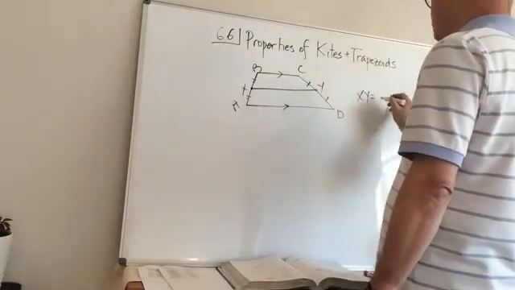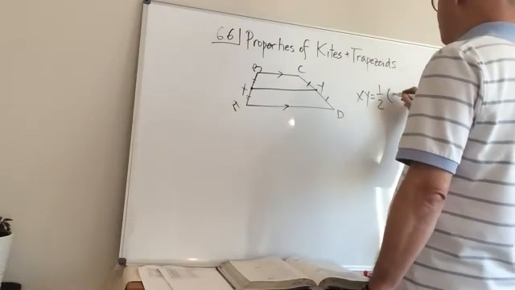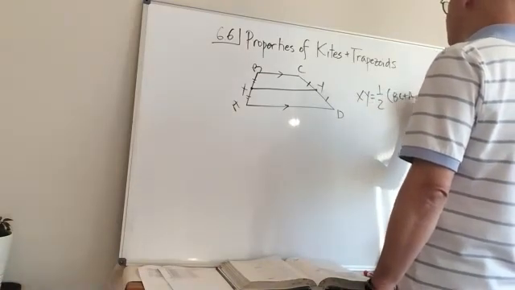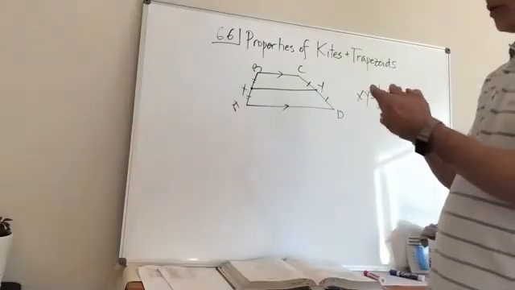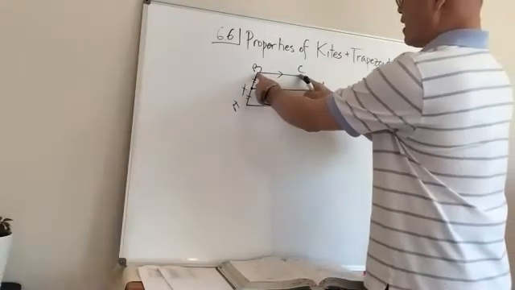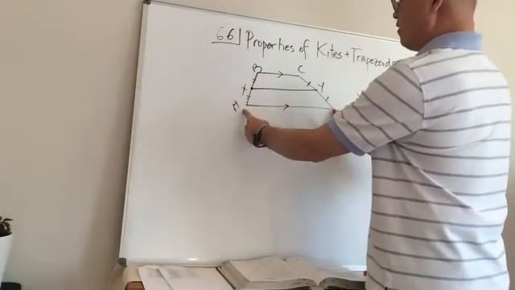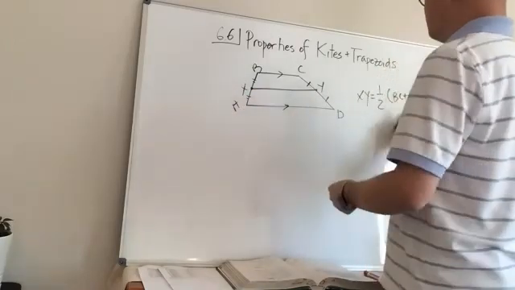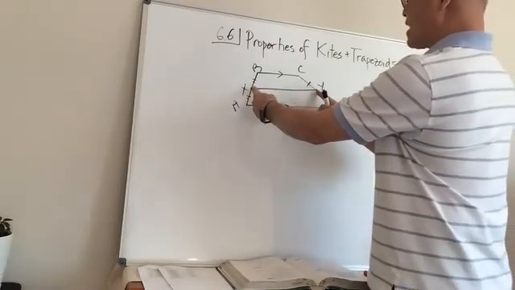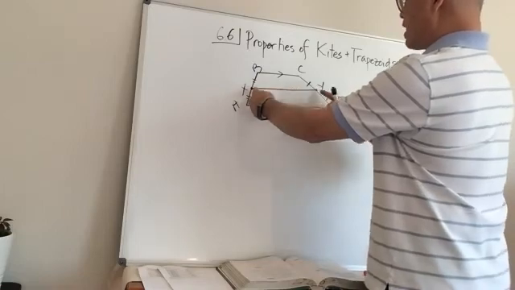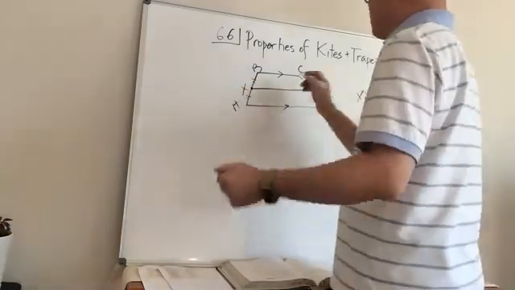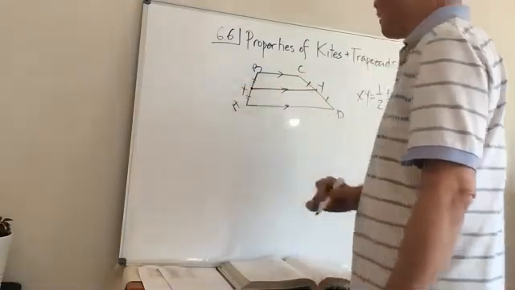then in this case, XY is going to be equal to 1/2 of BC plus AD. In other words, I take this length and add it to this length, and if I add those two and divide it by 2, I'm going to get the mid-segment length. It's called the mid-segment because actually these are now all three parallel.